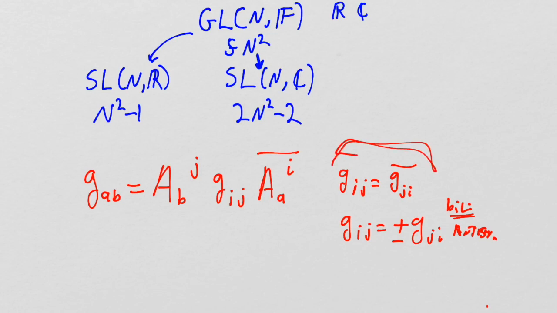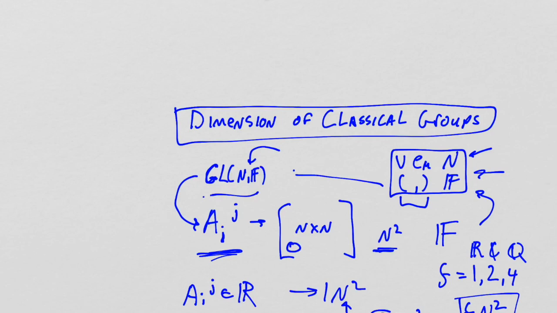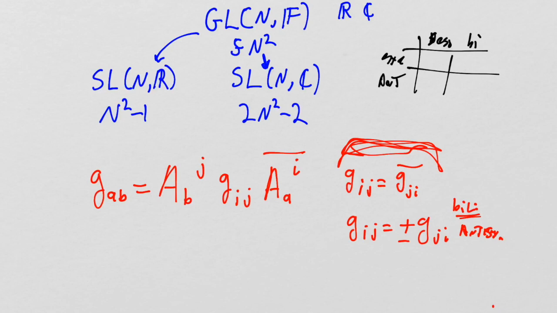You have to choose which metric you're dealing with, which is equivalent to saying, where am I in that diagram of symmetric, antisymmetric, sesquilinear, bilinear. Remember that chart we made last time. This is sort of characterizing that chart.